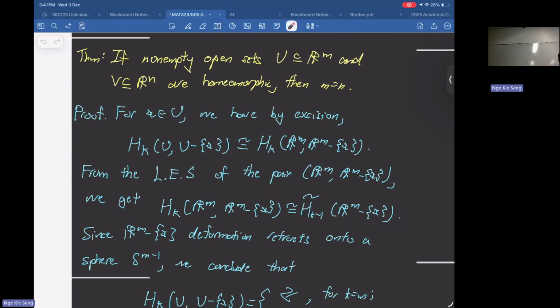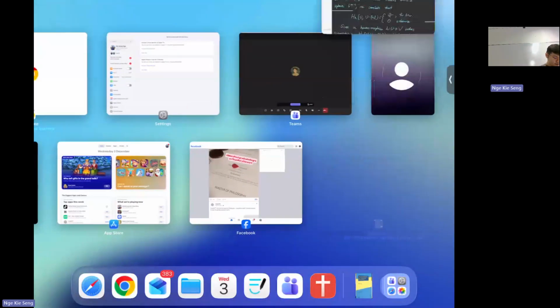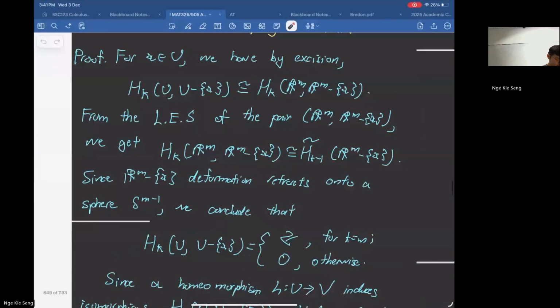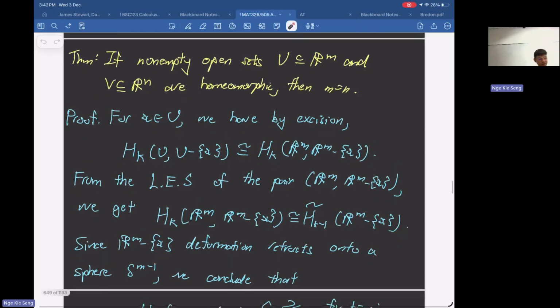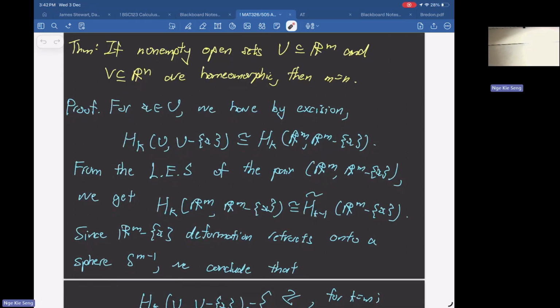If you look at two non-empty open sets, if they are homeomorphic, then these two open sets have to come from the same Euclidean space. Is this result strong? For example, take an open disk in R2 and an open interval in R1; could these be homeomorphic? If they are homeomorphic, the Euclidean spaces must be the same, with the Euclidean topology.